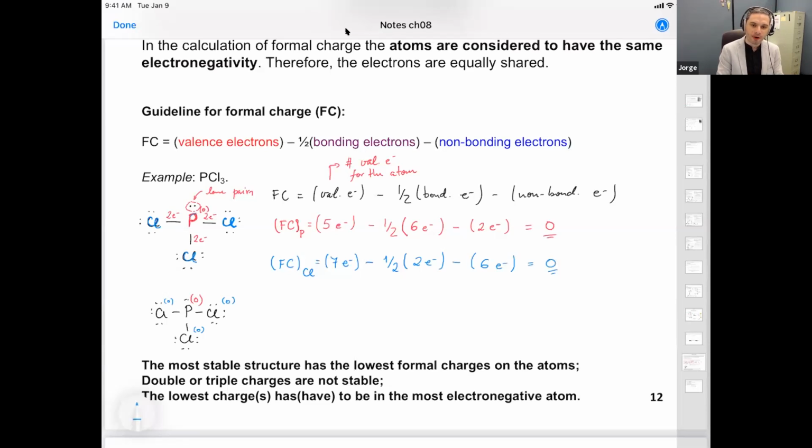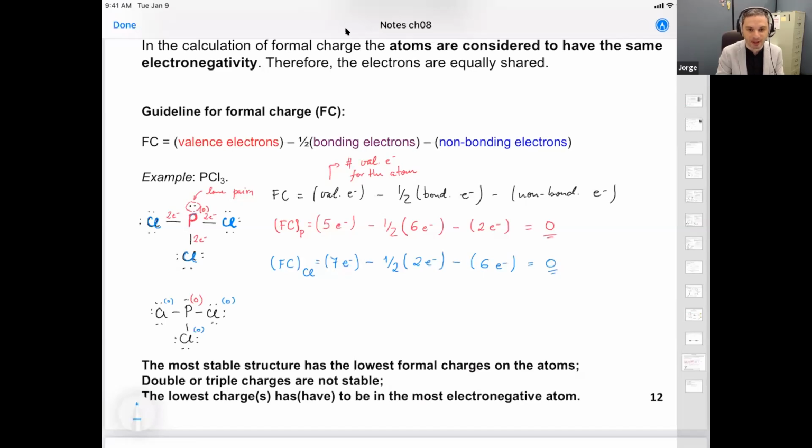Okay, so the formal charge gives us an idea of how many electrons the element started with before bonding, and how many electrons were left after bonding and non-bonding electrons. Ideally, the formal charge has to be 0 for all the elements in a covalent compound to render stability.